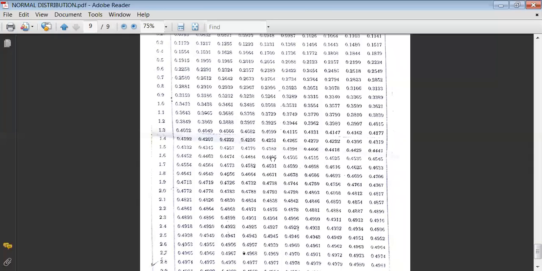If I take this one, I am lagging by 5 units. If I take this one, I am leading by 5 units. Both are equidistant from 0.45, so I can choose any one. Let us go with 1.64. That is the mean difference, that is 0, 1, 2, 3, 4. That is 1.64. Let us go for that.